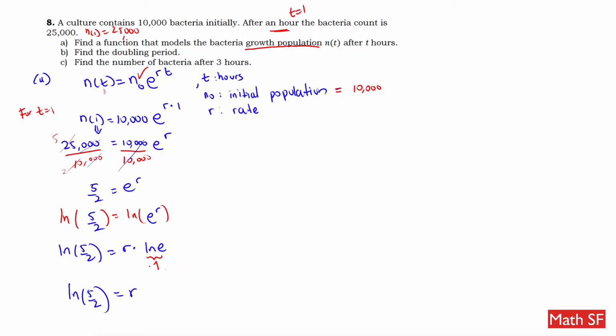But I'm trying to look for my equation, so I'm going to use an approximation for r. I highly recommend using 6 digits. So I'm going to use my calculator and write ln of 5 over 2, 5 halves.